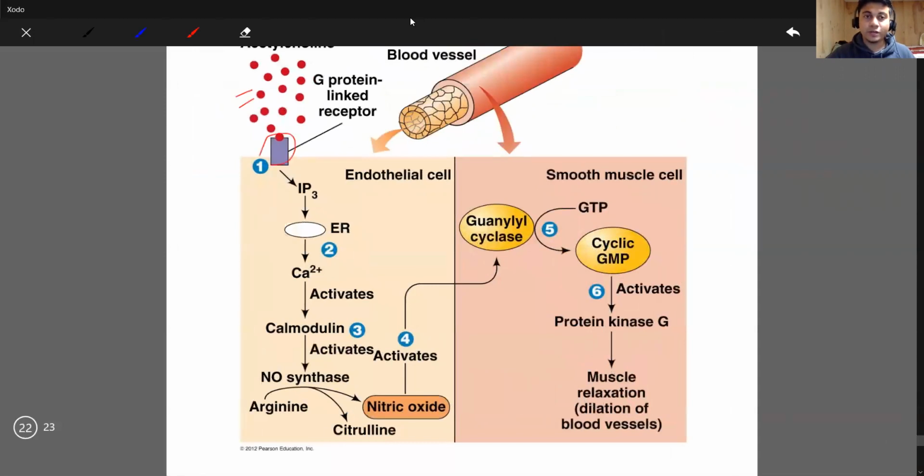This acetylcholine, when it binds to the M3 receptor, which is a GQ coupled receptor, by the cascade of these events stimulates this nitric oxide synthase, and then we get nitric oxide. Then this nitric oxide has its own action with the guanylyl cyclase and GTP to cyclic GMP conversion, and eventually the muscle relaxation. Right?